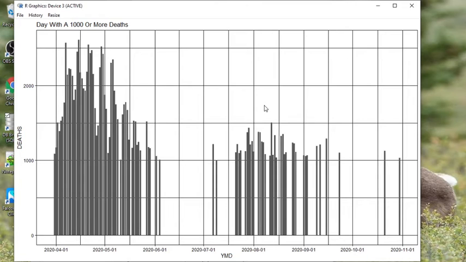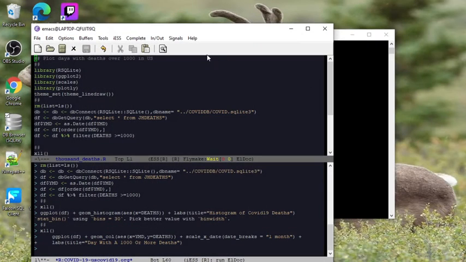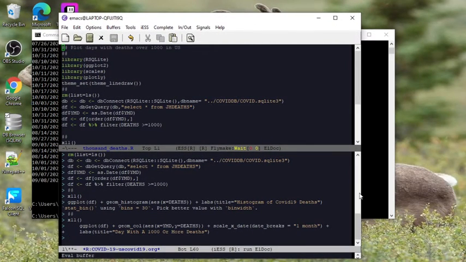Why, when cases are spiking, are we seeing fewer and fewer days with 1,000 or more deaths? Now, obviously, if we said less than 1,000, all these lines here would be filled in, right? You know what? Just for the fun of it, let's go ahead and do that.